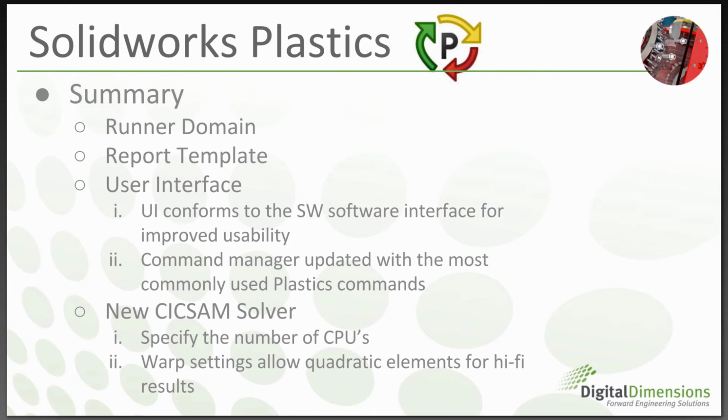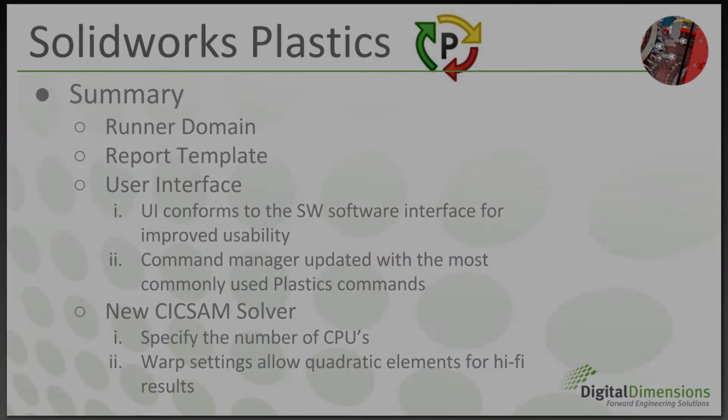The CommandManager is updated with commonly used Plastics commands. And then, of course, the new 6SAM solver and the ability to specify the number of CPUs you want to use, and then the ability to add the quadratic element warp settings for more hi-fi and more accurate warp results. So with that, I'm going to go ahead and turn it back over to Brad.